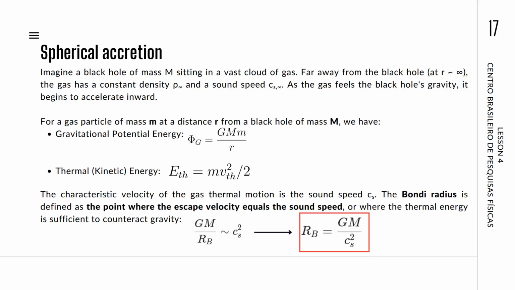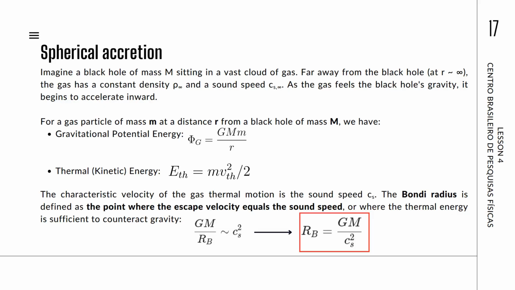So for a gas particle of mass m at a distance r from the black hole, the gravitational potential energy is given by this, and the thermal energy of this particle in the gas will be given by this, where v squared is the sound speed of the gas. Here we are just equating these two terms.